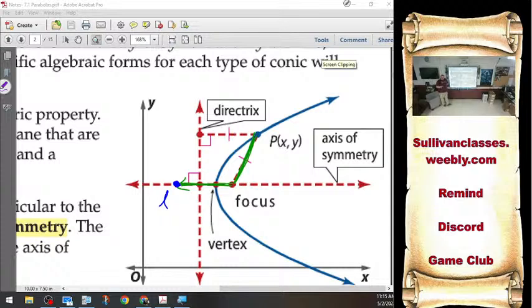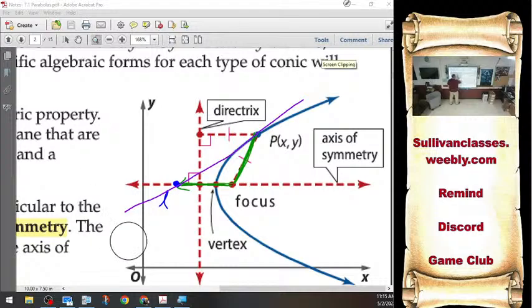Now, the reason that we go back along that axis of symmetry, that same distance, to find this is because that's what's going to get me a line of tangency up here. A line of tangency.